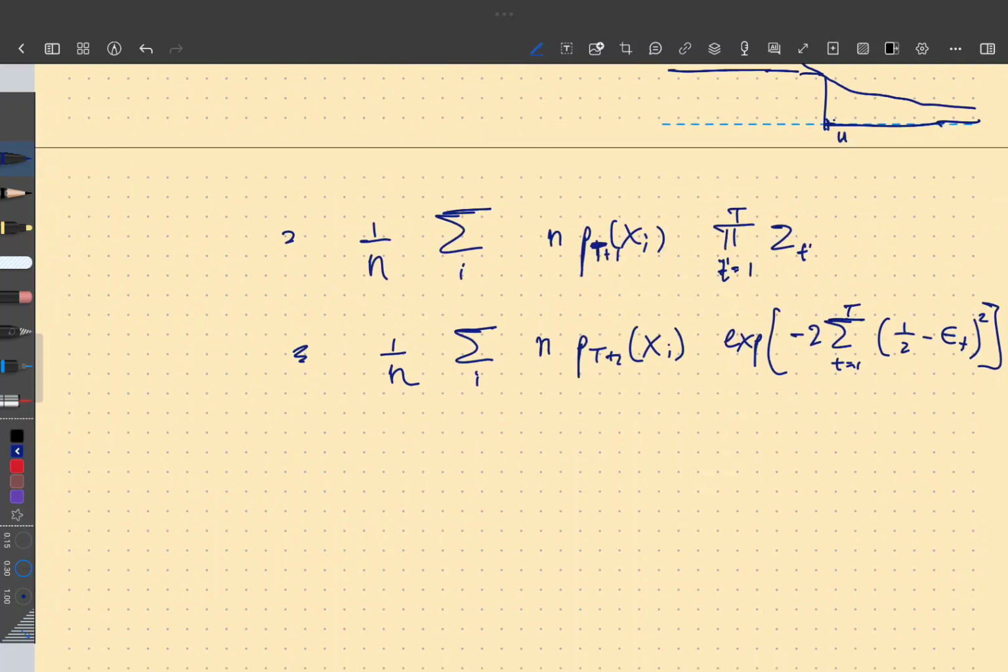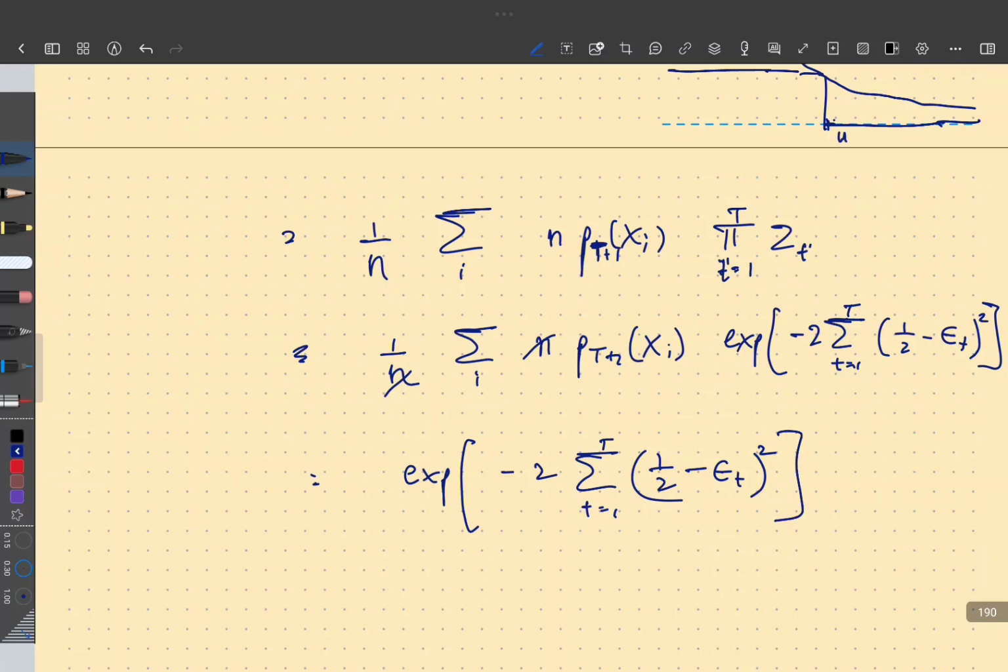Right, this n and n cancels, and the sum over all i pt plus 1 of xi is equal to 1. So this is equal to e to the power minus 2 times summation t equal to 1 to capital T half minus epsilon t the whole square.